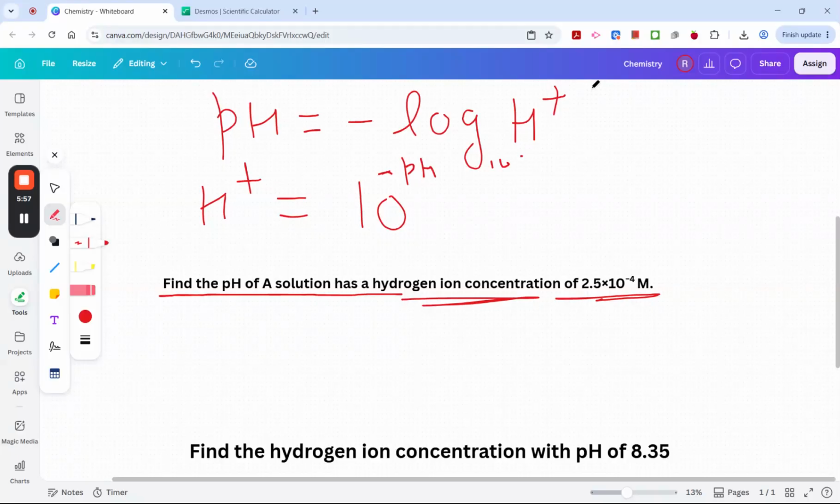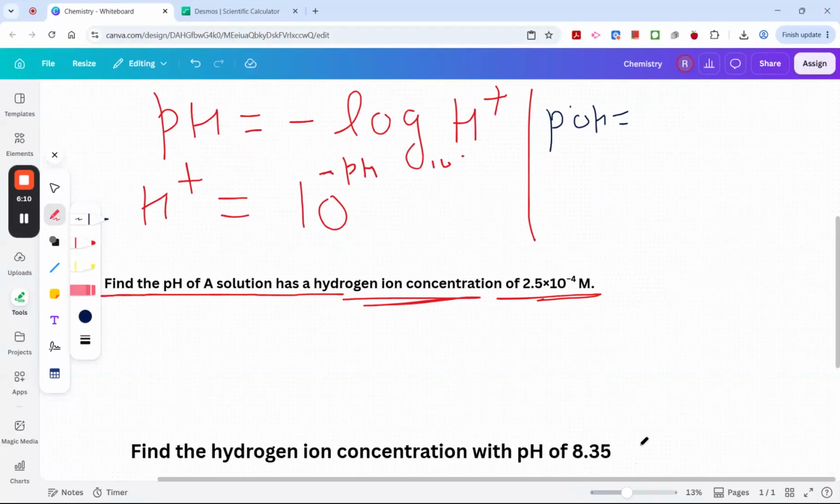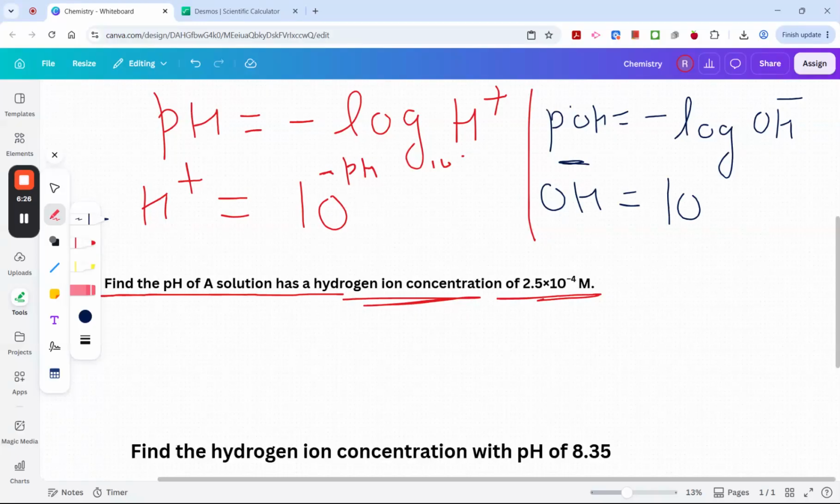And for pOH calculations, just like pH, you have pOH equal to negative log of OH ion concentration. You can see the similarity. If pOH is given and you have to find the OH ion concentration, just rearrange: 10 raised to the power negative pOH. So we have four formulas ready.